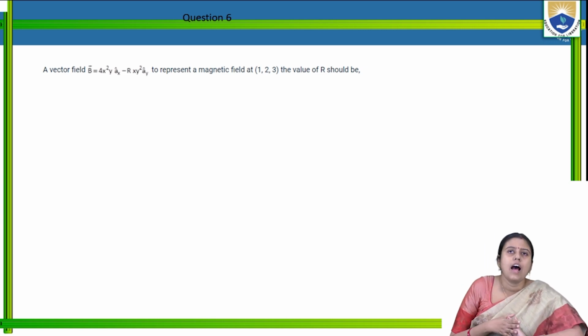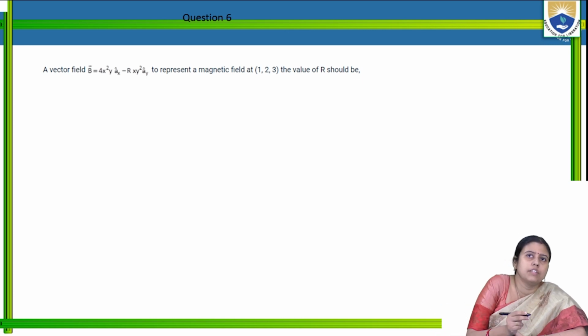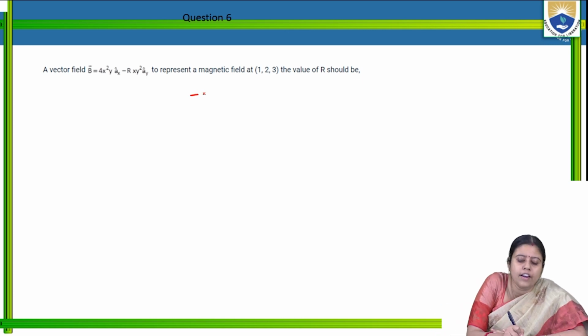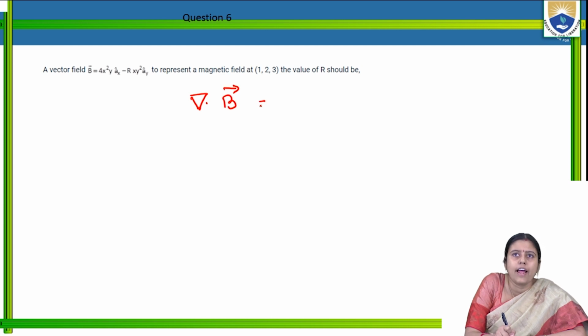Question number 6. A vector field B is equal to 4x square ax plus r xy square ay. We have to calculate the value of r for the magnetic field at the point 1, 2, 3. B is given, and this is a magnetic field, so from Maxwell's second equation we can write grad dot B is equal to 0.